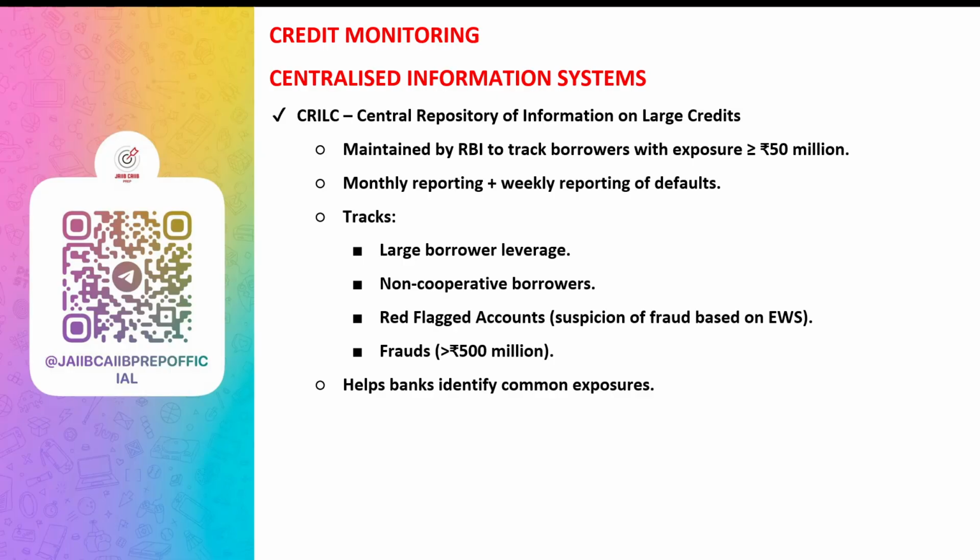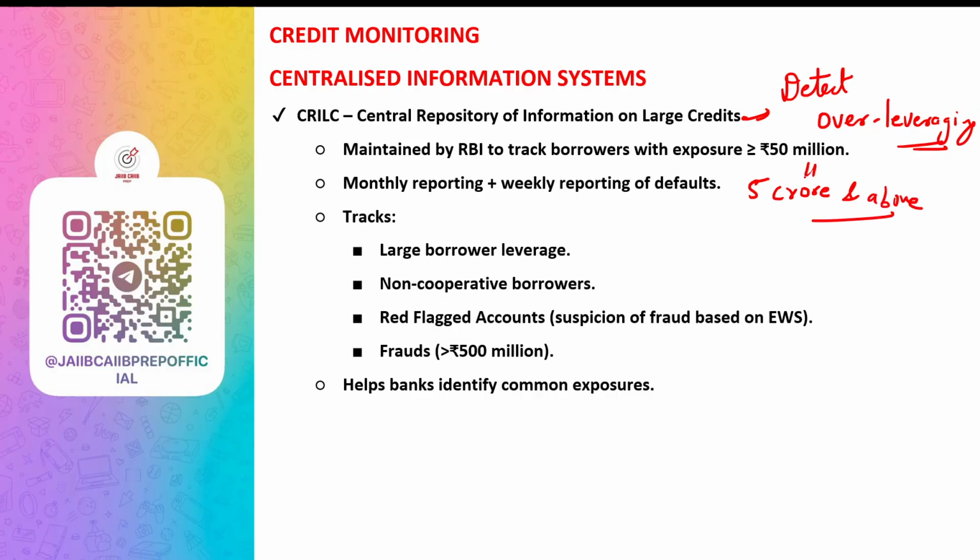CRILC is the Central Repository of Information on Large Credit. It is maintained by RBI to track large exposures across banks, and the purpose is to detect over leveraging and to identify common borrowers between banks. The reporting threshold is 5 crore and above, so 50 million is equivalent to 5 crore, and reports are to be made monthly for large credit.